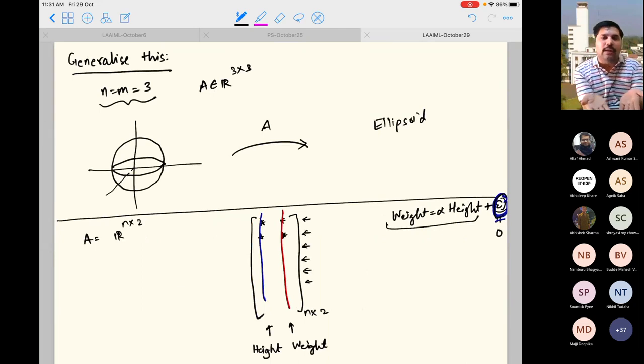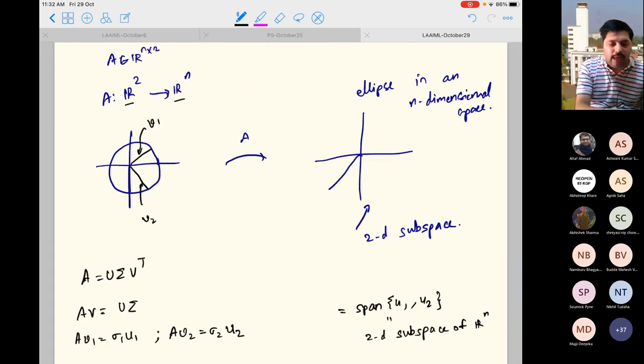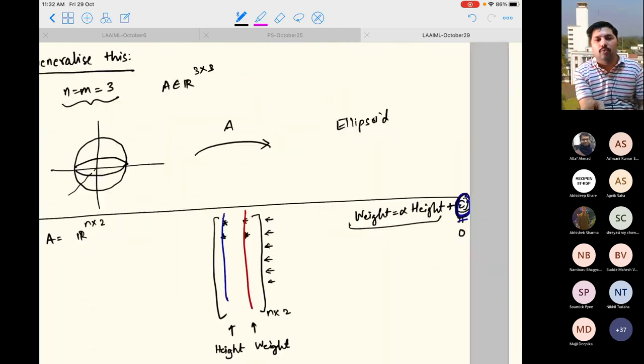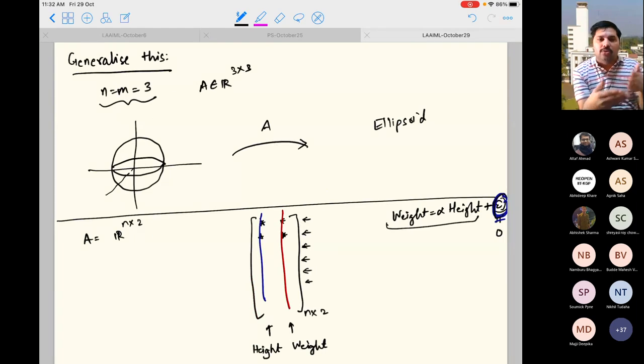So here what it really means is you have actually found out the linear combination of height and weight, that particular linear combination, which will be in that direction. Correct. So that V1 that you really have here is the linear combination of the columns of these vectors.